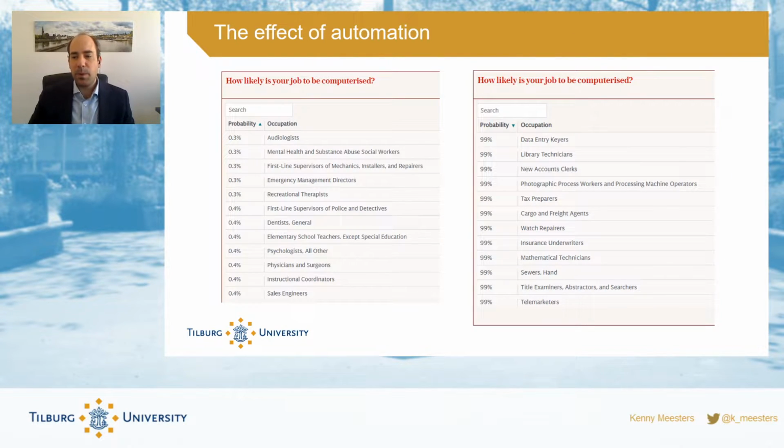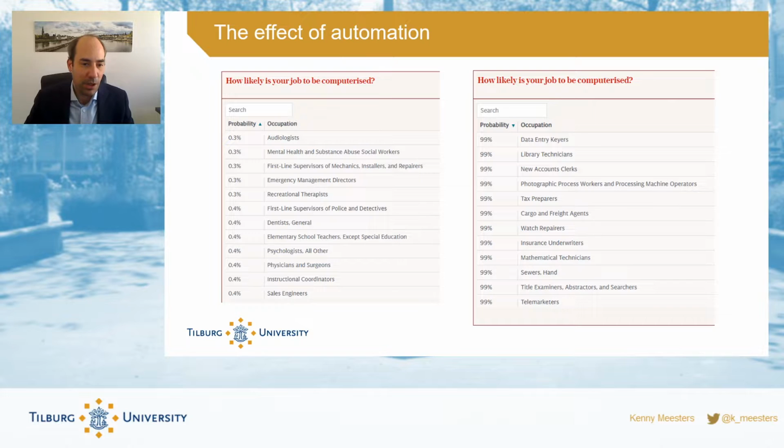Of course, a lot of people say this automation also has negative effects on our society because jobs will be lost. So you'll see, as you can expect, that data entry, people who enter information into a system, those kind of jobs will likely be replaced by computer systems, because computers can do that manually.